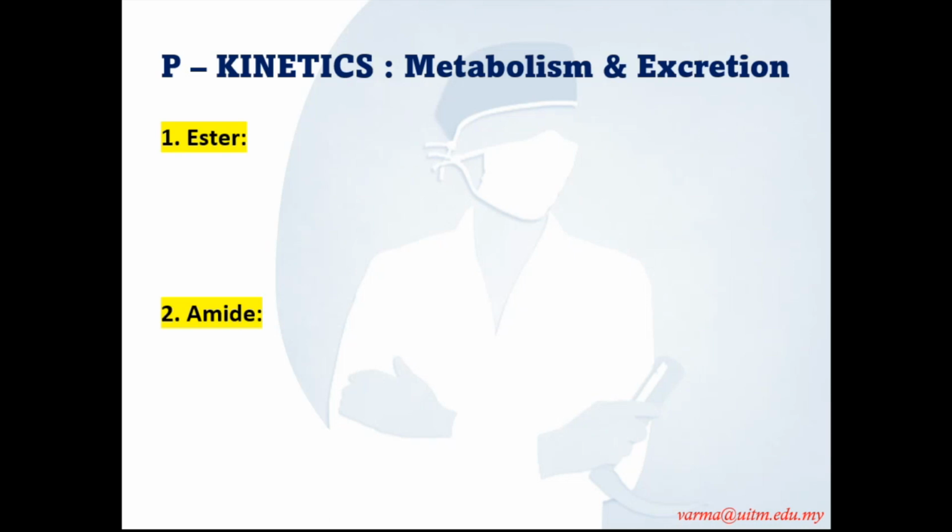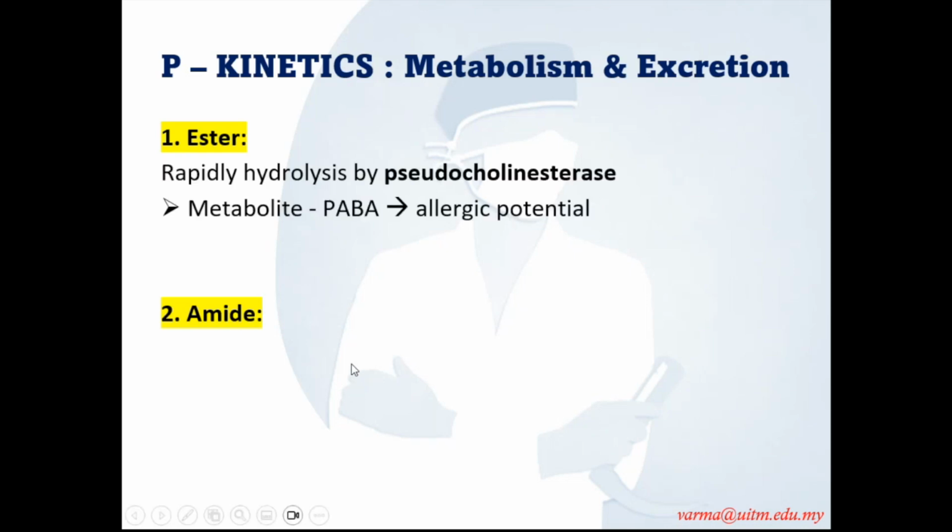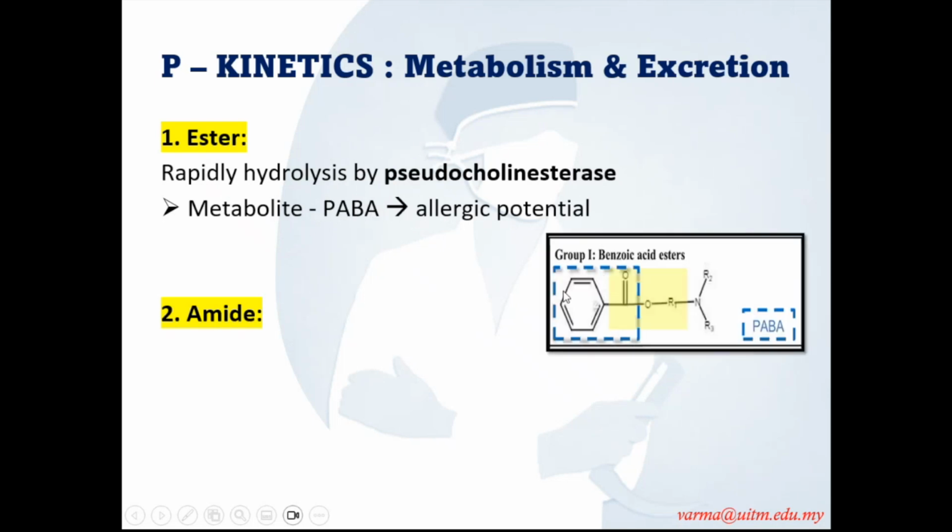For pharmacokinetics, metabolism and excretion, we're going to talk about ester versus amide. Esters, as mentioned earlier, are rapidly hydrolyzed by pseudocholinesterases, producing a metabolite called PABA, para-aminobenzoic acid, which has allergic potential. This is your aromatic ring, and this is the intermediate linkage of your ester.